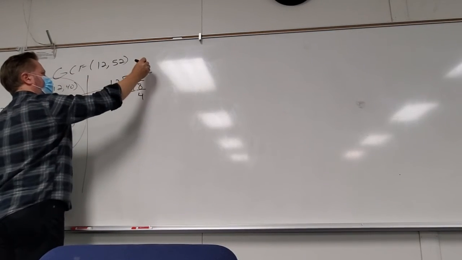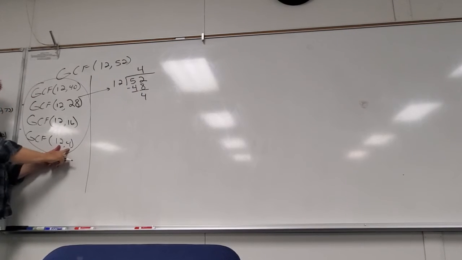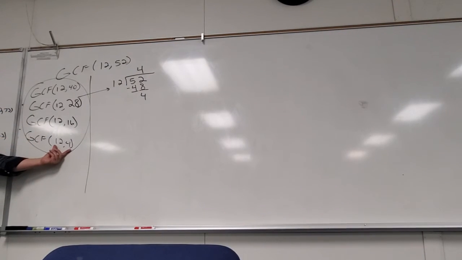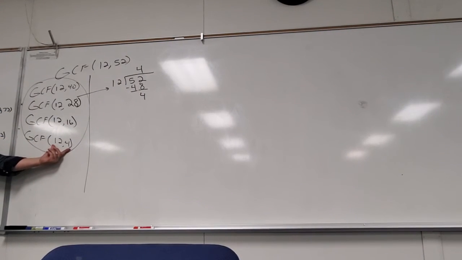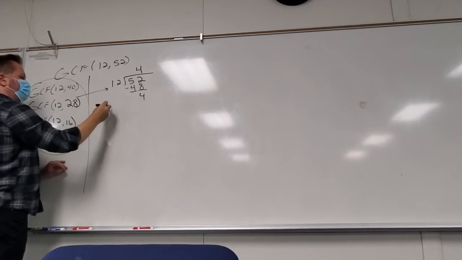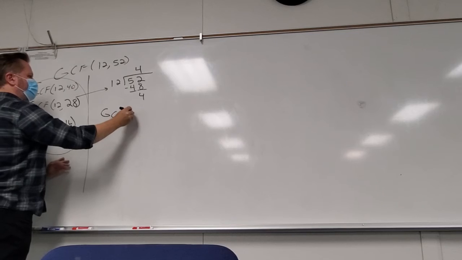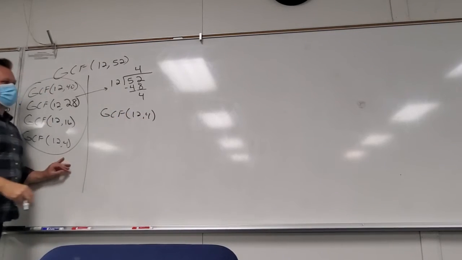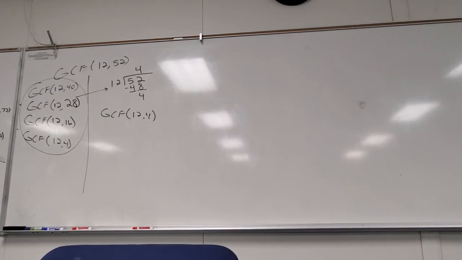4. So do you see how we're here now? Yeah, I can see it now. It totally makes sense. So that's how you interpret where you are when you're doing this. This means 12 and 4, so the greatest common factor is 4.